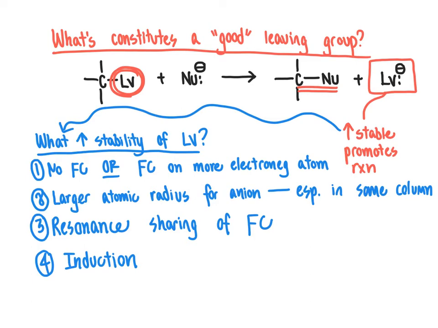It wants to get rid of some of that, and the way it does is by polarizing the bonds, using electron withdrawing groups to draw some of that electron density away from the negatively charged leaving group. So induction uses electron withdrawing groups, because electron withdrawing groups stabilize the negative formal charge.